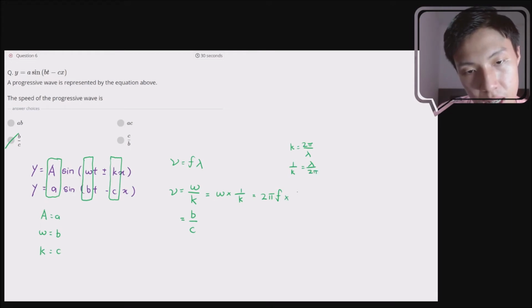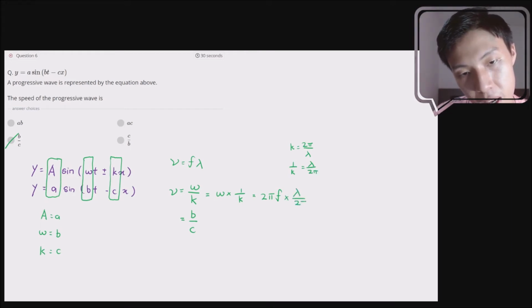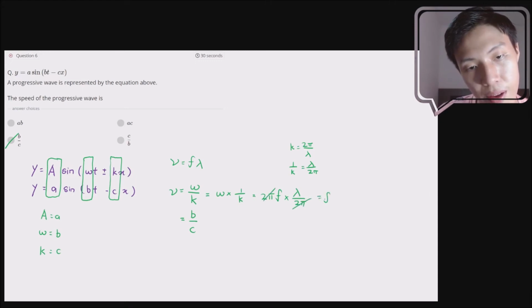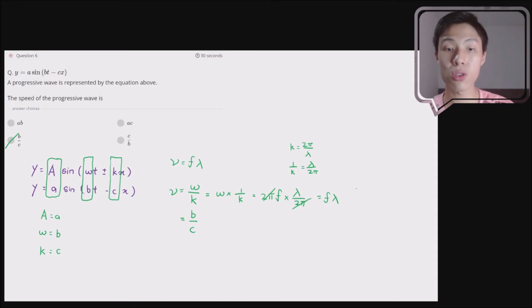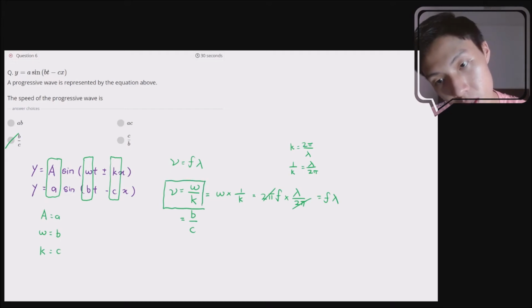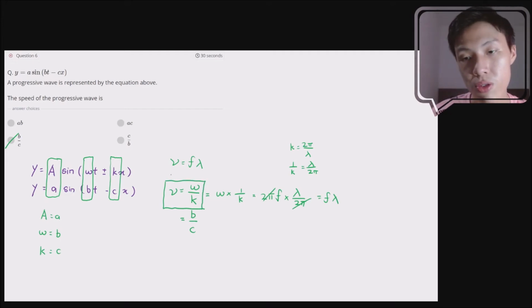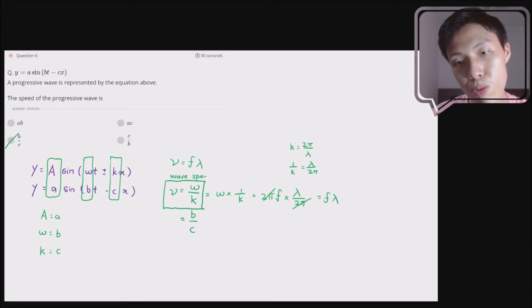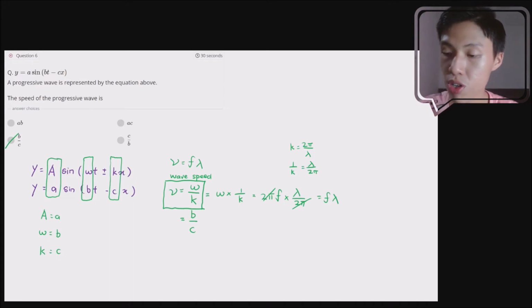So times lambda divided by 2 pi, you can see that the 2 pi can cross each other out. So you get back f lambda. So v is equal to f lambda. What I'm trying to show you here is that this equation is valid. This is for you to determine the wave speed, or the speed of propagation of the wave. So this is how you solve question 6.